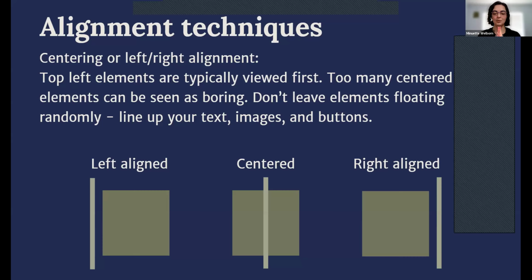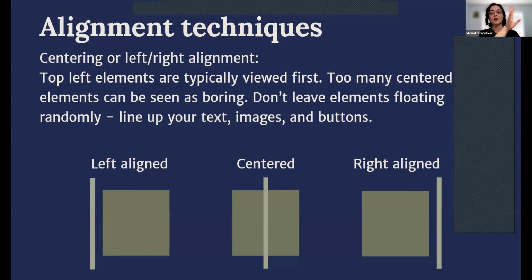But when it comes to centering things, I know that sometimes it can be the easiest thing to do, so we want to jump straight to that. But if you have too many elements centered, like all of your text, all of your photos, everything lined up right in the middle, that can come across as boring. So we really want to mix things up and make sure the design is more balanced. And we don't want to leave things floating at random.